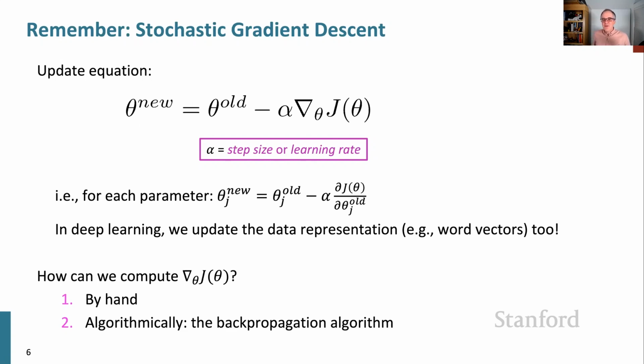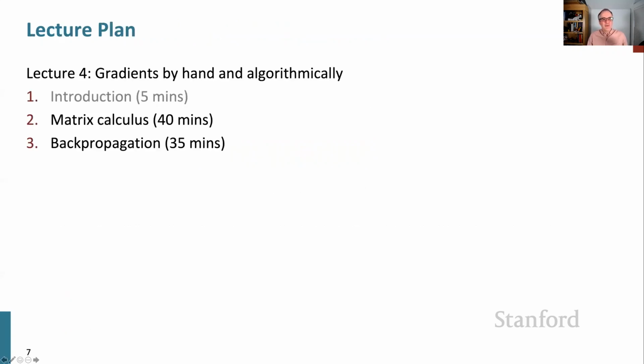And so how can we do that? Well, what I'm going to talk about today is, first of all, how you can do it by hand. For doing it by hand, this is basically a review of matrix calculus, and that'll take quite a bit of the lecture.